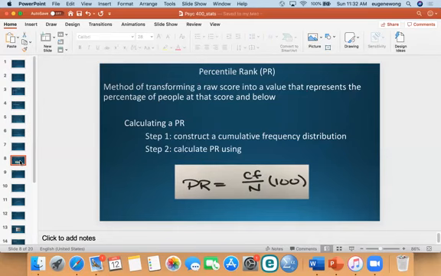Then, for step two, we're going to calculate the percentile rank using the formula that you see here. Percentile rank equals CF for the score of interest divided by N, times 100.